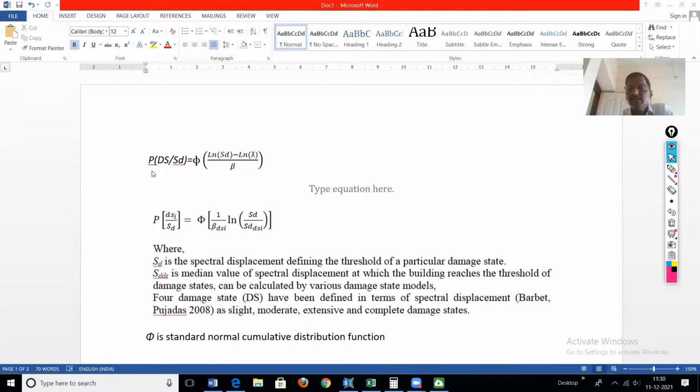The fragility equation is for probability. So the probability of a damage state for a given spectral displacement. So it is a conditional probability. How to read this?